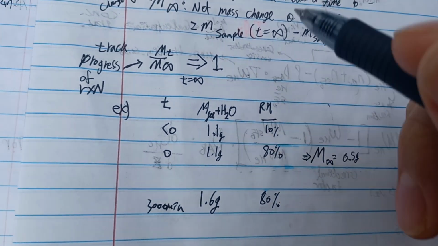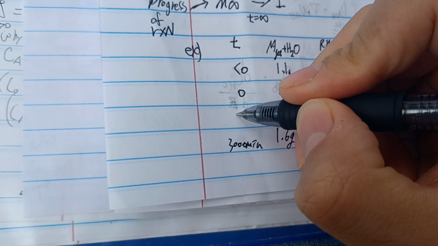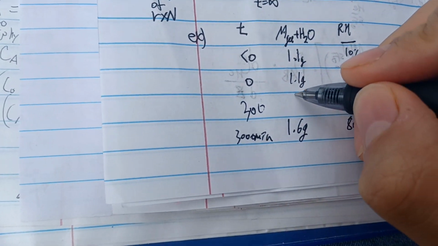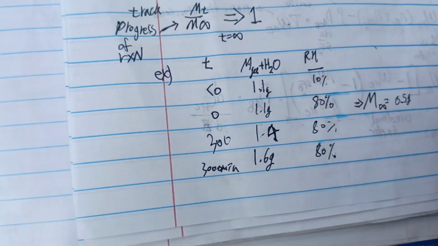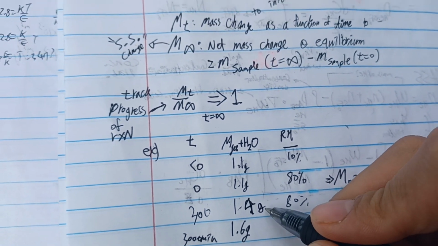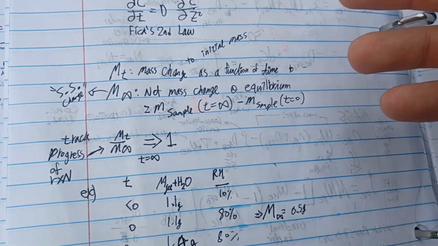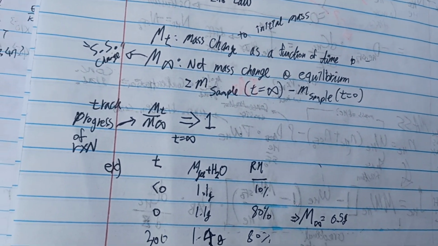But if there's another case where t is equal to, for example, 300, and the mass is, let's say, 1.4 gram, then in this case M_t at t equal to 300 would be 0.3 gram, right?